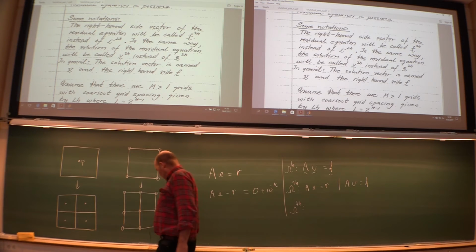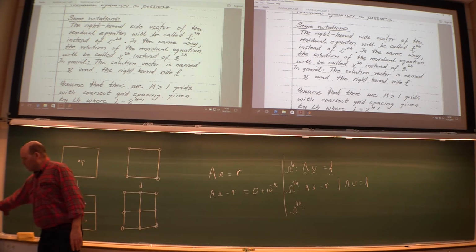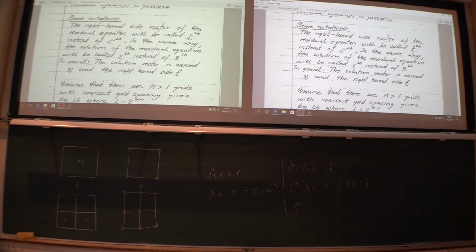So here you have to pay attention to what grid level we are on, because it will only be on the fine mesh that the unknown we are seeking actually is a physical quantity, the V on the fine mesh. On the coarser mesh system, it's actually the error in the residual equation, but we still call it a V.